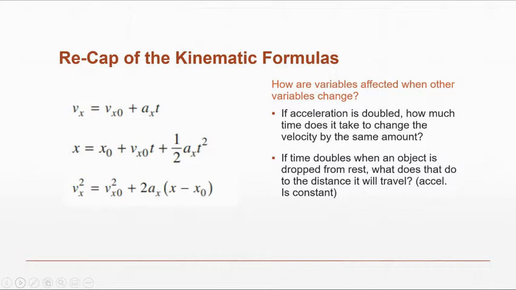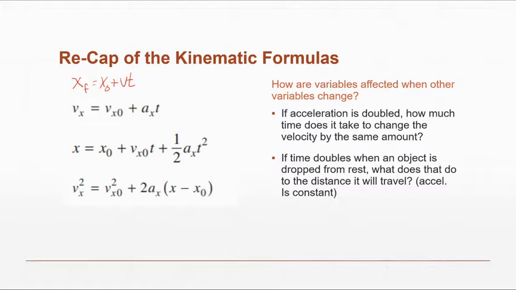Okay. So we have our major kinematic equations, and one other one that does not include acceleration would be x final equals x initial plus velocity times time. But these are our major kinematic formulas.